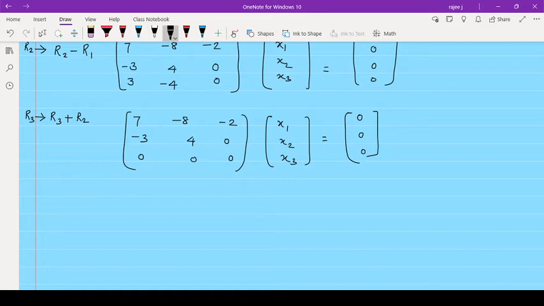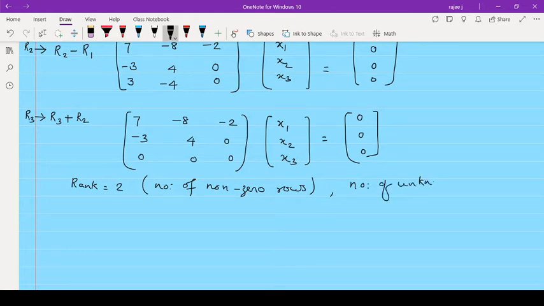Okay, now I am going to consider this equation. Here the rank of this matrix is 2. Rank means the number of non-zero rows. The number of unknowns is 3, that is x1, x2, x3. Three unknowns are there and the rank is 2.